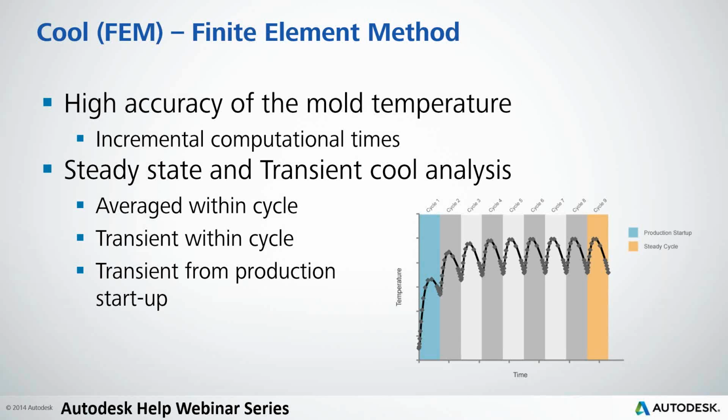Of course, it takes a bit more time because it needs to calculate several iterations through the cycle. In this picture on this slide, we could see how the temperature increases with the different cycles, and after 8 cycles we reach a steady state cycle.